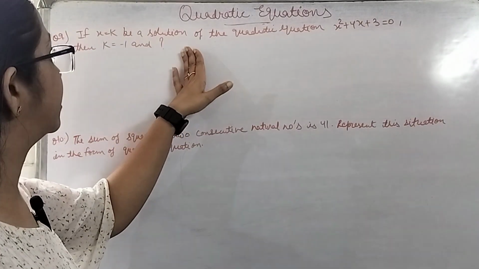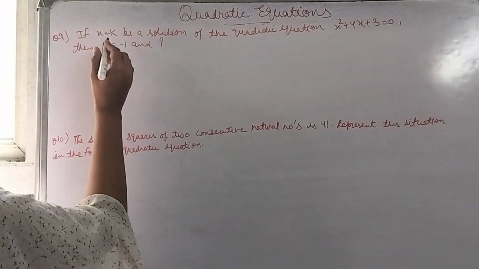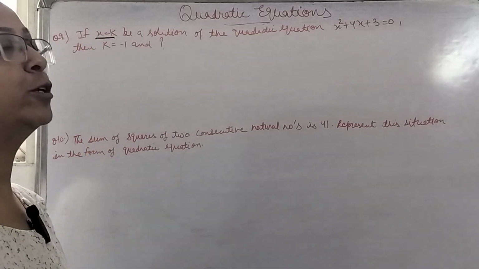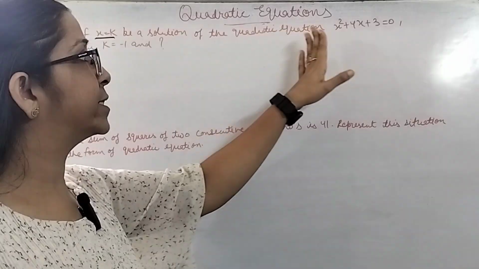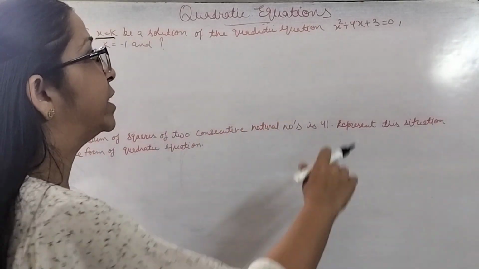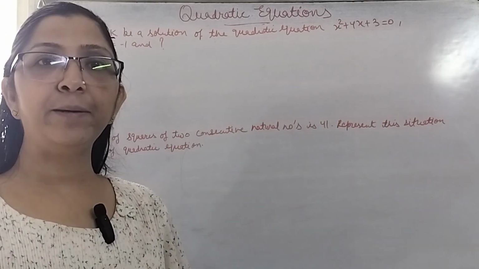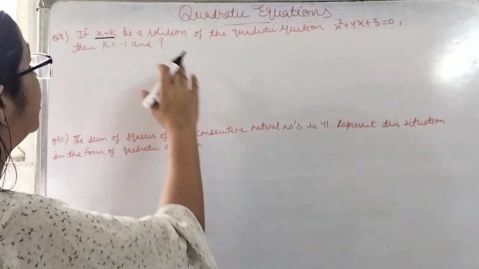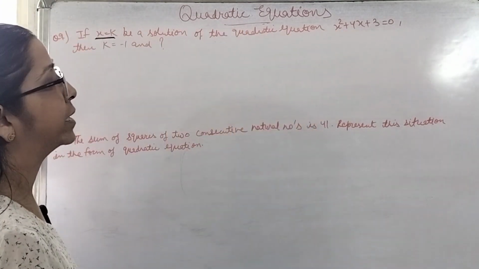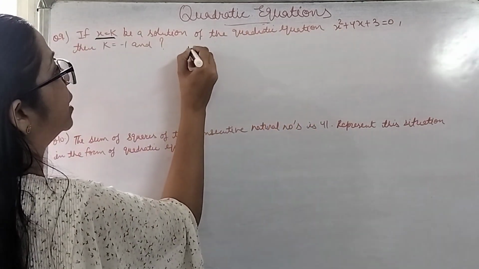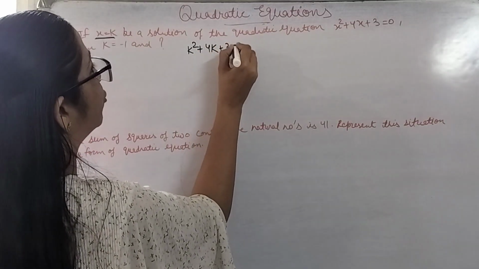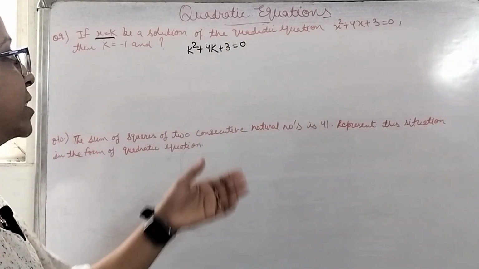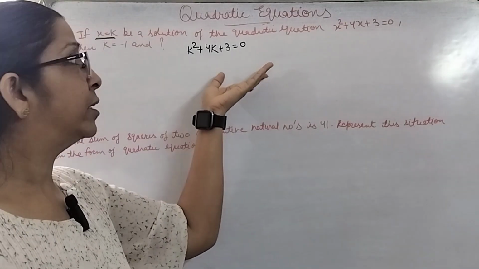We have to find the other value. Since x equals k is a solution of the equation, we can replace x by k, and it will satisfy the equation. So this equation becomes k squared plus 4k plus 3 equals 0.